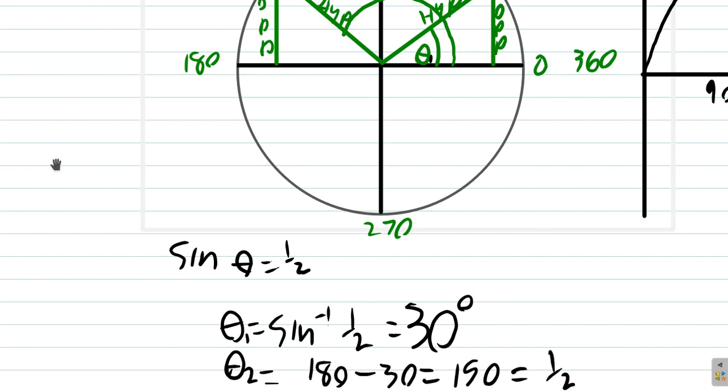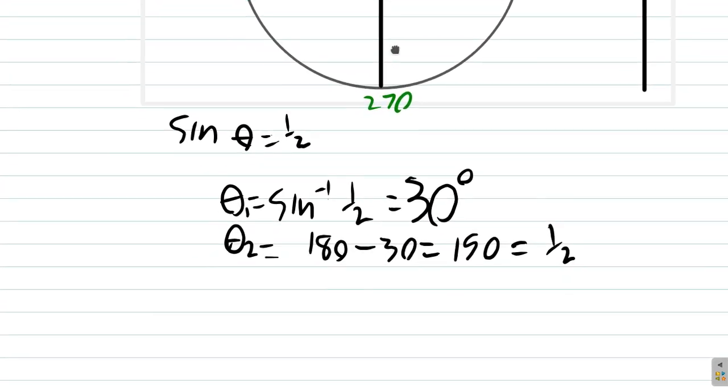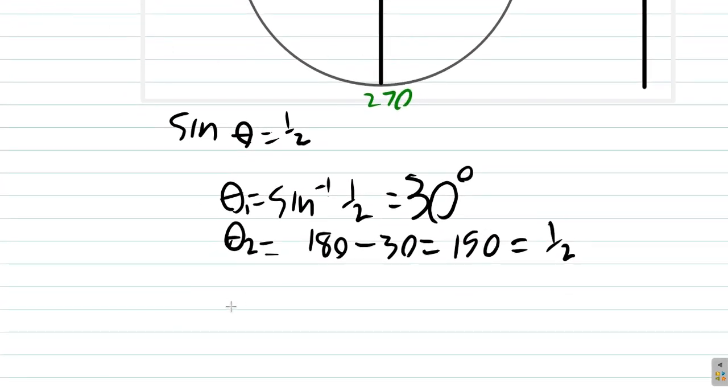Alright. Now guess what? Remember, the circle is spinning and spinning around. If you go past 360 and come back here, you would have 360 plus theta. So suppose you consider a third angle, which is 360 plus 30 degrees, which is 390.